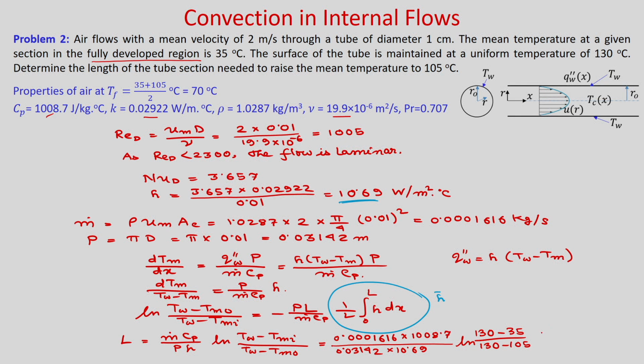If you calculate this you will get 0.65 meter. So, the length of the tube section needed to raise the mean temperature to 105 degree centigrade is 0.65 meter.